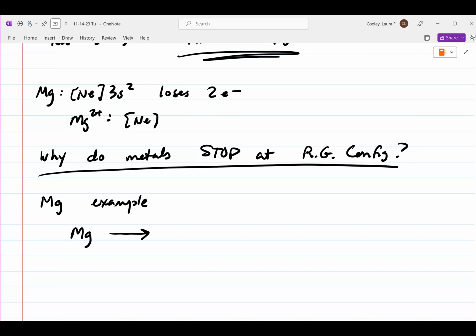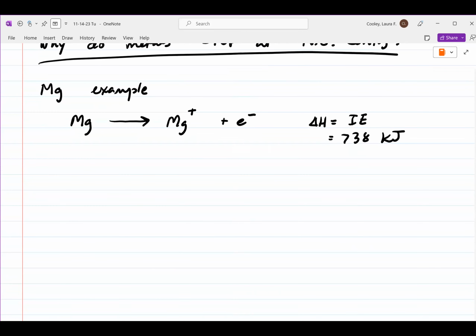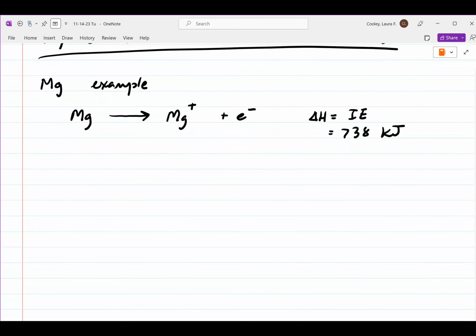If we ionize magnesium, so we take an electron away, the delta H for this process, which we call the ionization energy, is 738 kilojoules. Now, let's think about taking that second electron away.